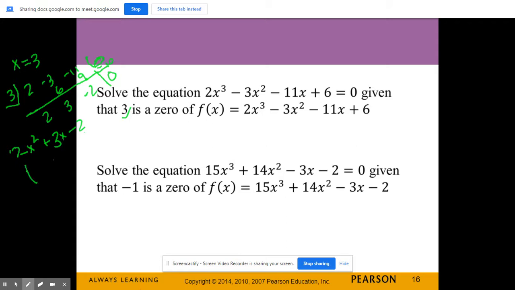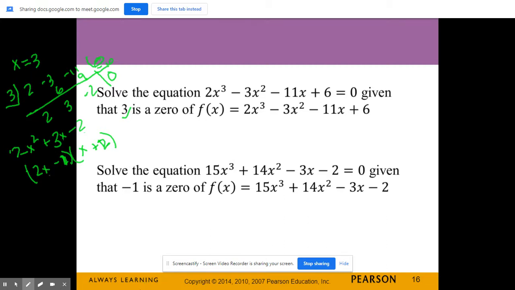So now when I try to factor this, I'm just going to try to unfoil it. If that's 2x squared there, it's going to be 2x here and x here. Negative 2 means it multiplies to negative 2. So I'm going to do plus 1 here and minus 2 here. No, plus 2 here and minus 1 here.